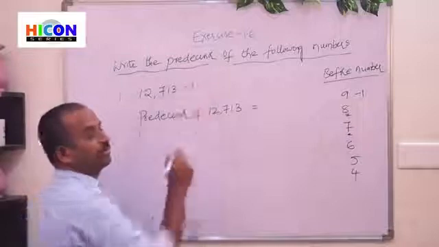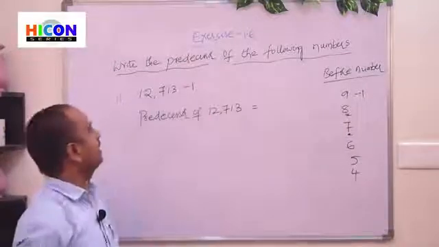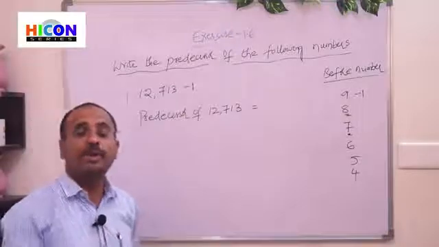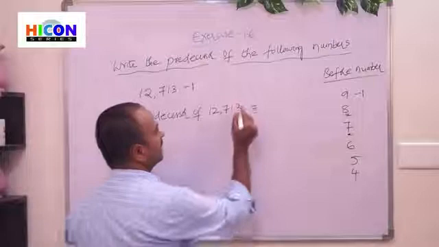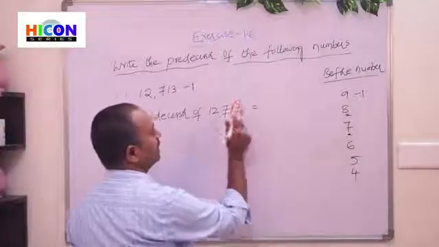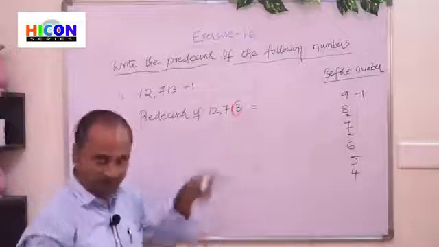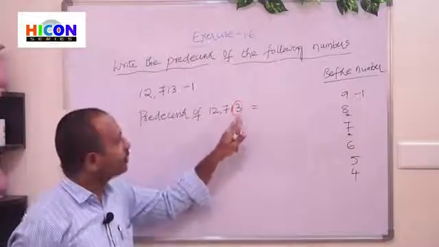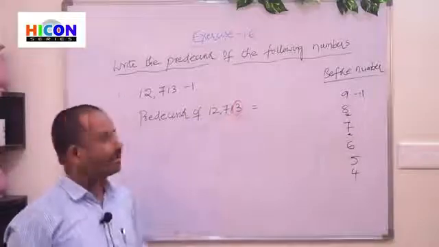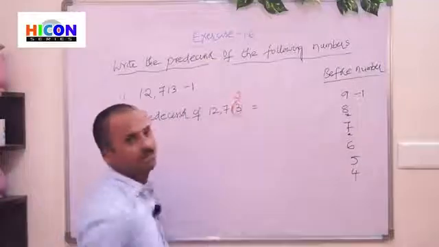Subtracting 1 means subtract 1 from the digit which is present in the ones place. Here the digit present in the ones place is 3. So subtract 1 from it. That means write the number which comes before 3. The number which comes before 3 is 2.